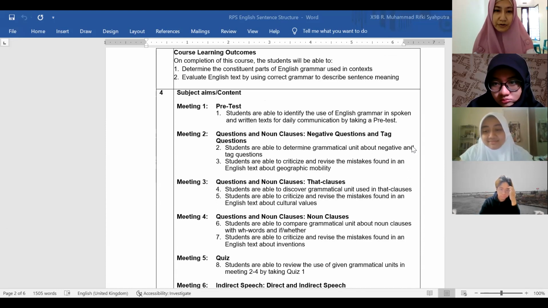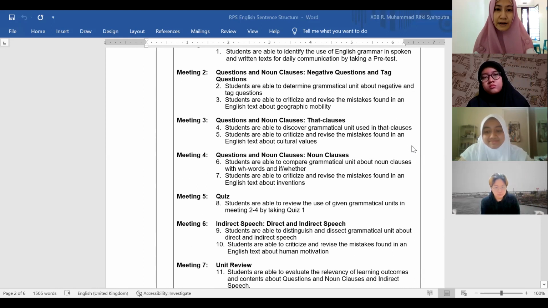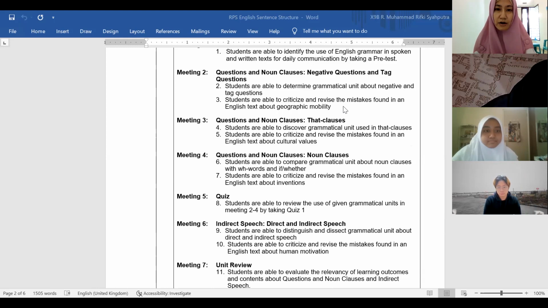And the first meeting we have pretest and everyone identify the use of English grammar in spoken and written text for daily communication by taking pretest kemarin ya. And then meeting kedua and today ya we have question and noun clauses related to negative question and tag questions.